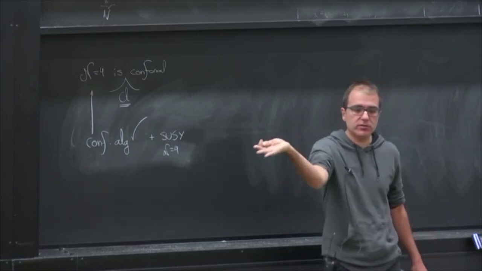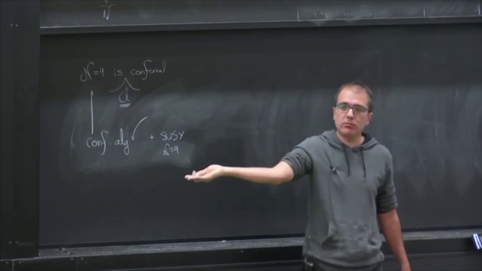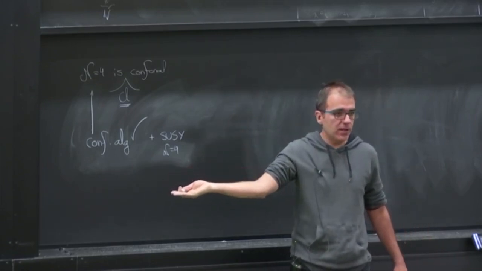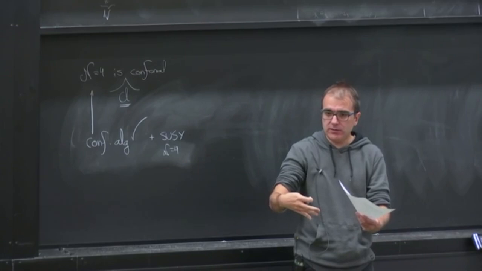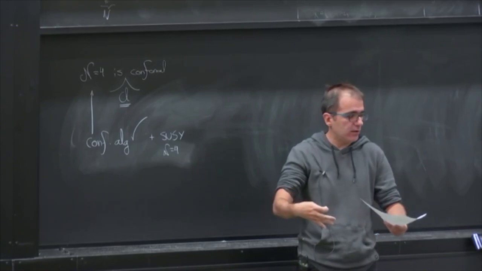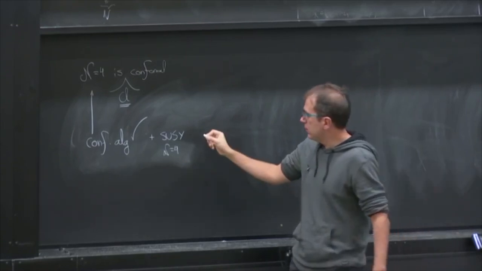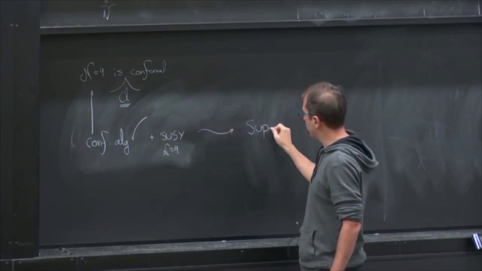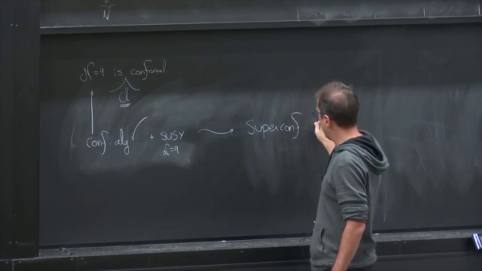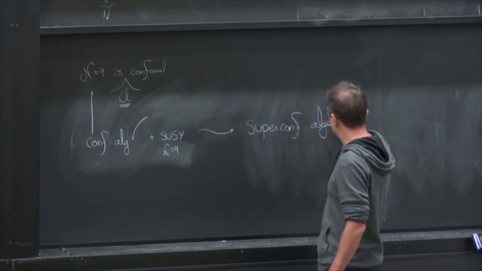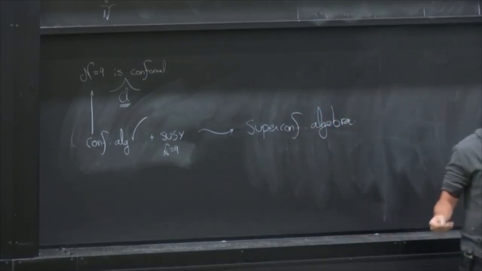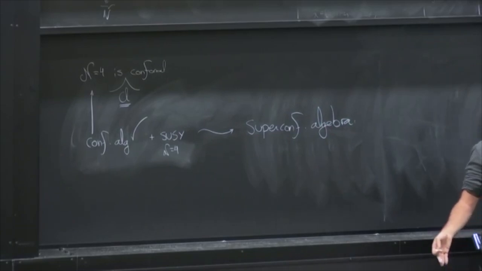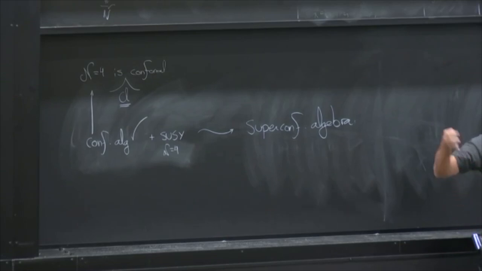I can do special conformal transformation, it's one thing. Transforming fermions into bosons is another totally different thing. But now I can mix them together, right? And when I mix them together, they don't close, they form a bigger group. So the closure of these two guys leads to what's called the superconformal algebra. So that's an algebra that combines supersymmetry together with conformal transformations. And everything that I get when I take these two algebras and start commuting the generators together and seeing until it closes.